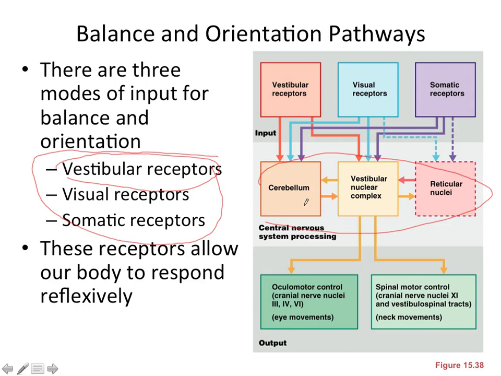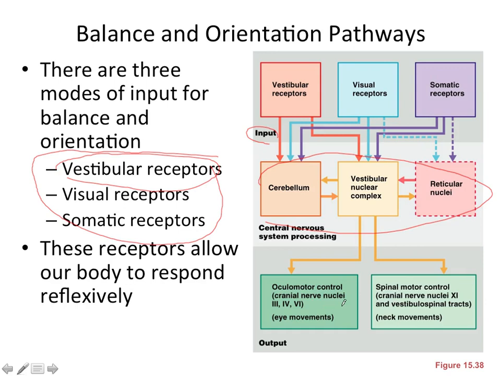So this is the input to the central nervous system, and then the cerebellum will regulate the vestibular nucleus to send the action potential to the target organs, such as the oculomotor nerve, a cranial nerve, to regulate our eye movement and move our eyeball to see where we are falling.